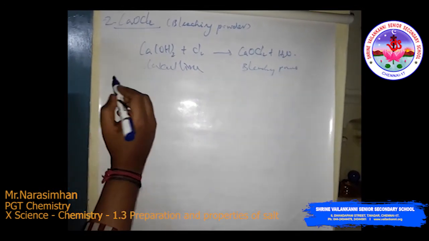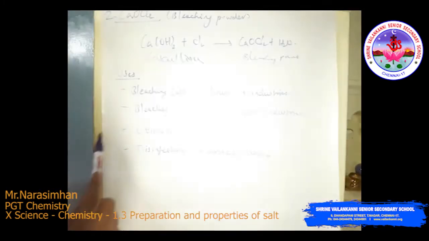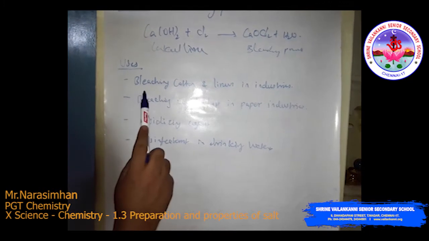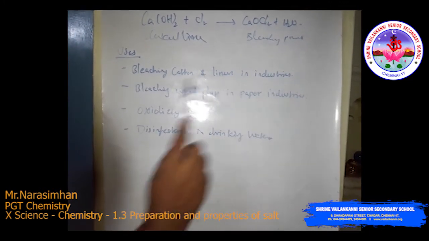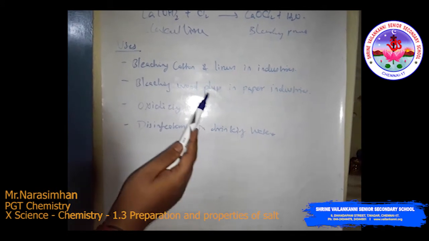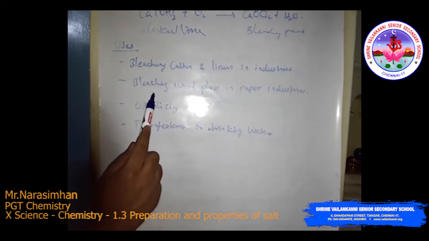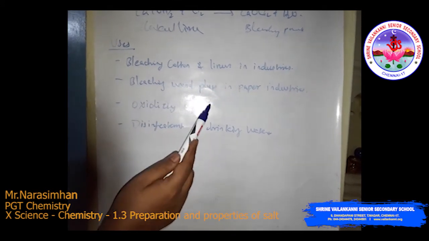It is used in manufacturing industries, that is bleaching cotton, in linen industries, that is cotton industries. Spinning mills use the calcium bleaching agent. Then bleaching of wood pulp in paper industries.